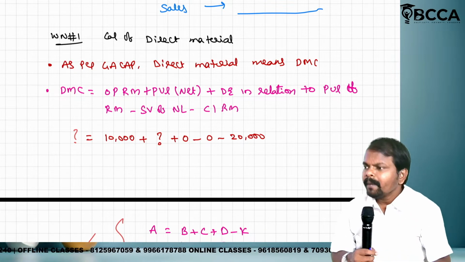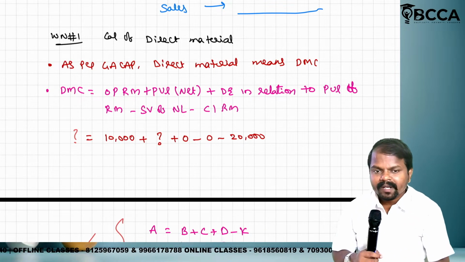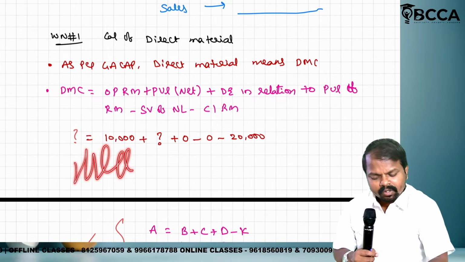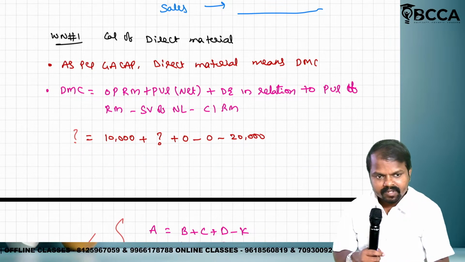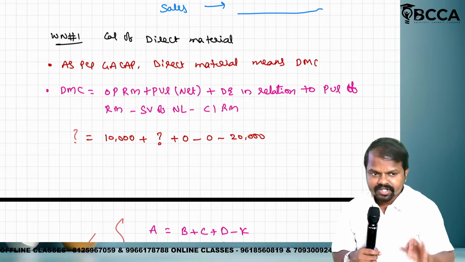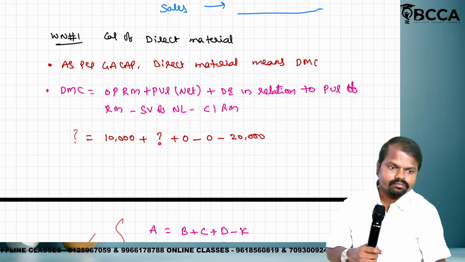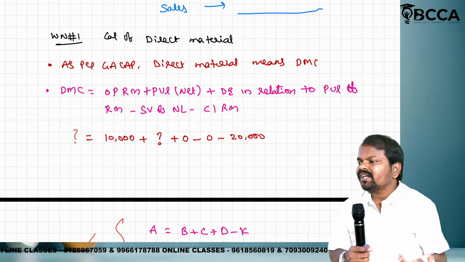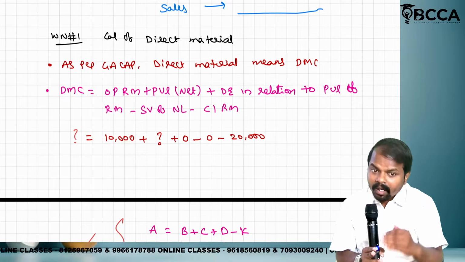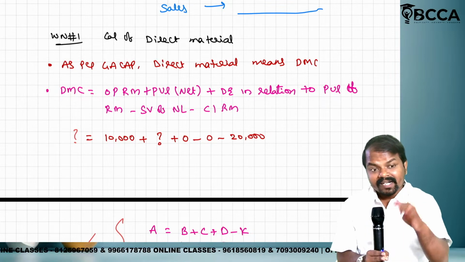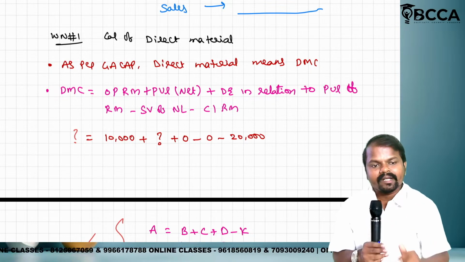No. Is purchases information given in the question paper? No. Is it possible to continue the solution? Not possible. Leave it. We will go for working note 2. We can't continue means please leave that working note. After some time we will come back to working note 1.